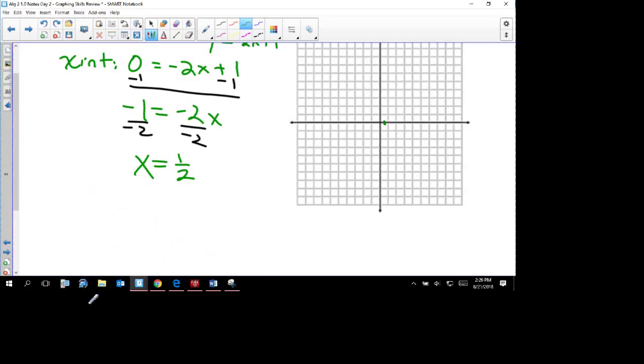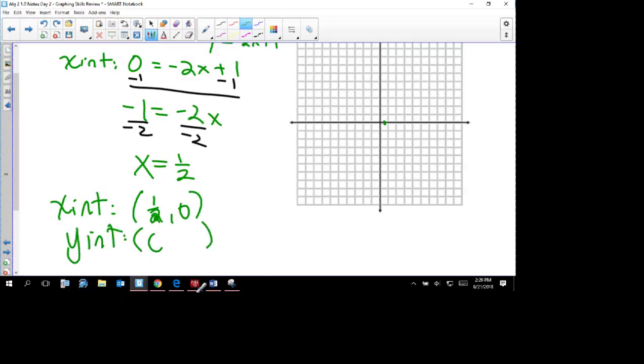Y-intercept, it is in the form of y equals mx plus b. So what is our y-intercept? Everybody help me. (0, positive 1). And then what is our slope? Just negative 2.